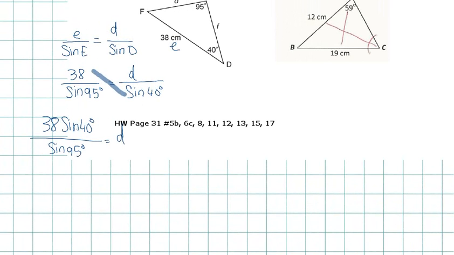24.5. No, 24.4. So 24.5. Okay, let me see. So you do 38 times sine 40 divided by sine 95, right? Oh, I think you put it in right. 24.5.